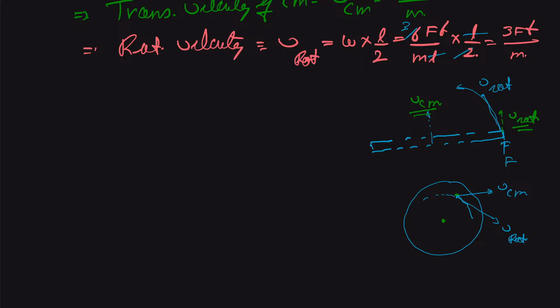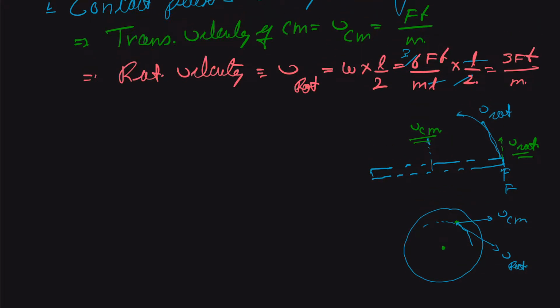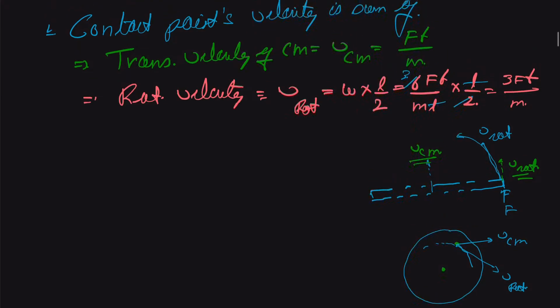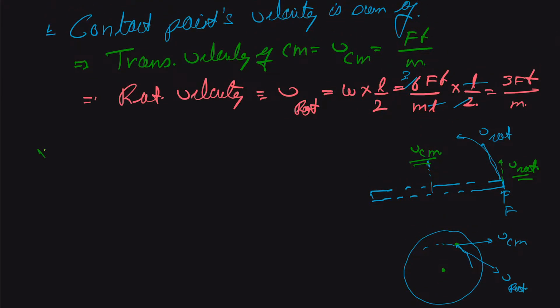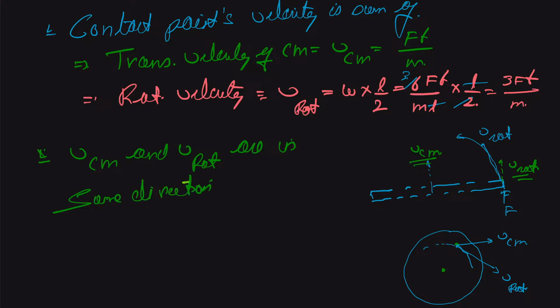So we can say that our V center of mass and V rotational are in the same direction, that is perpendicular to the rod.